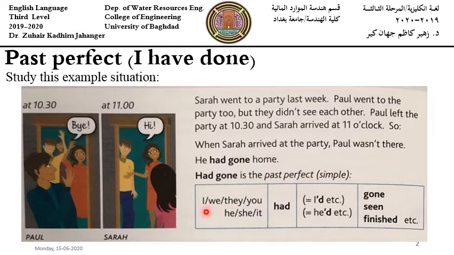And the rule is: I, we, they, you, he, she, it, all use had in the past perfect.